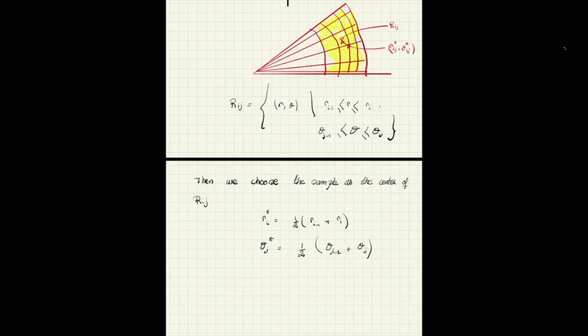Okay, cool. All right. And then we compute the area of this rectangle. So the area of this rectangle is, what is the area of the rectangle? These are circles, right? These are portions of the circle.